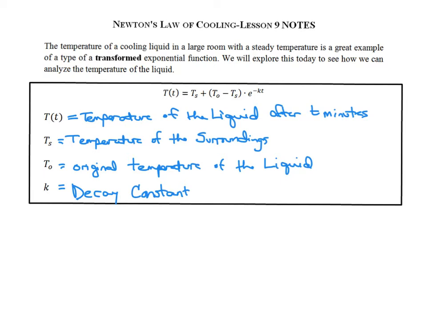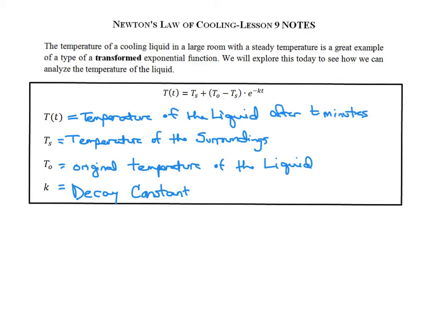So first of all, we know that the temperature of a cooling liquid in a large room, and it doesn't have to be a room, it could be outside, it could be in your house, the room has a steady temperature. This is going to be an example of an exponential function that we say is transformed.